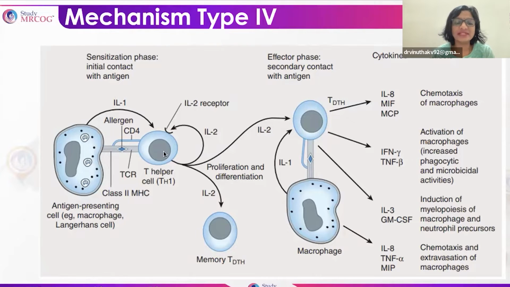Once it is presented to the helper T cells, two things will happen. One is there will be formation of memory, so our body will be able to recognize these antigens in subsequent attacks. There will also be production of interleukin 2.